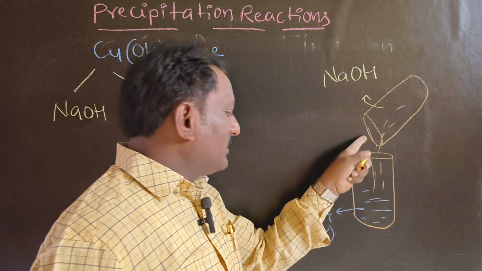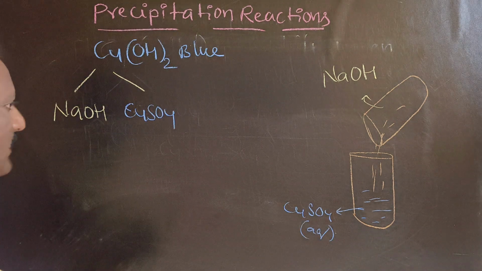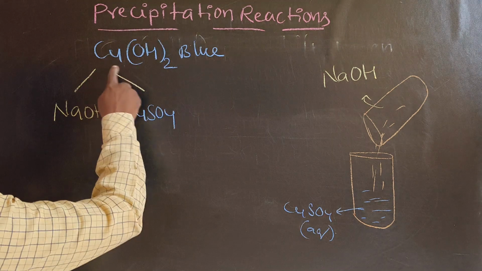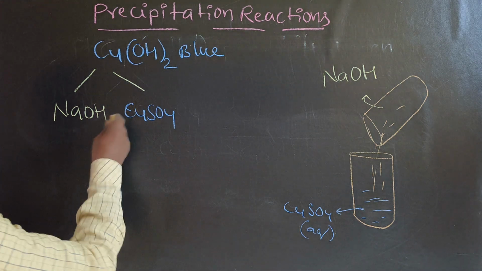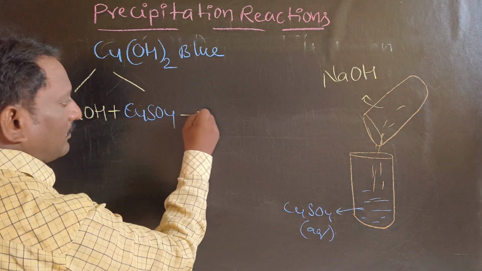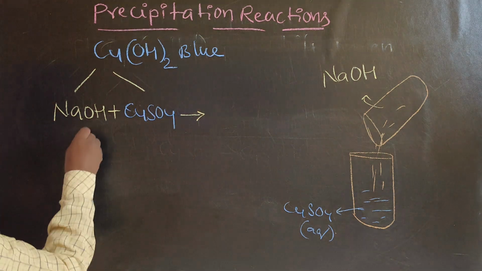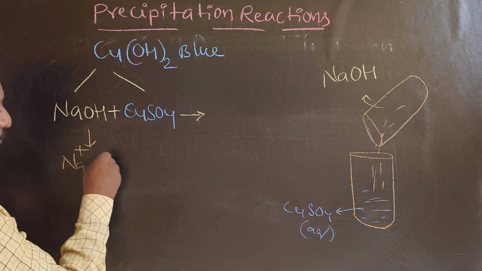When sodium hydroxide is added to aqueous solution of copper sulfate, you will get blue color precipitate of copper hydroxide. So let us write the equation. Sodium hydroxide splits up into Na+ and OH-.